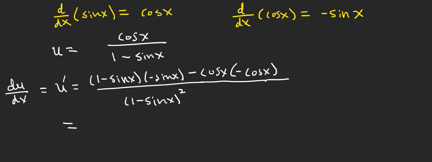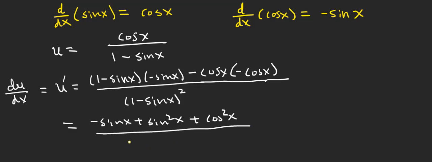So let's distribute. You get negative sine x plus sine square x plus cosine square x all over quantity 1 minus sine x squared. Now, do you remember from trig, what is sine square x plus cosine square x? It's 1.